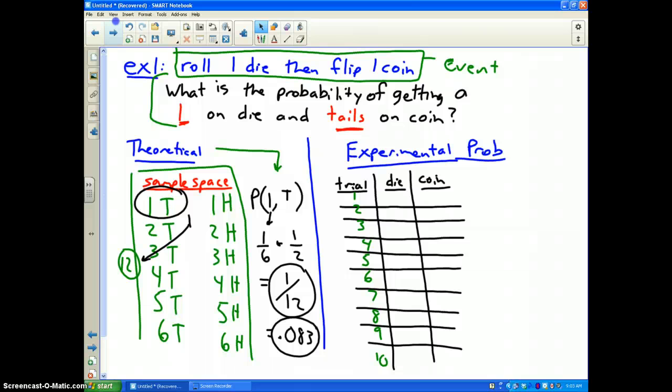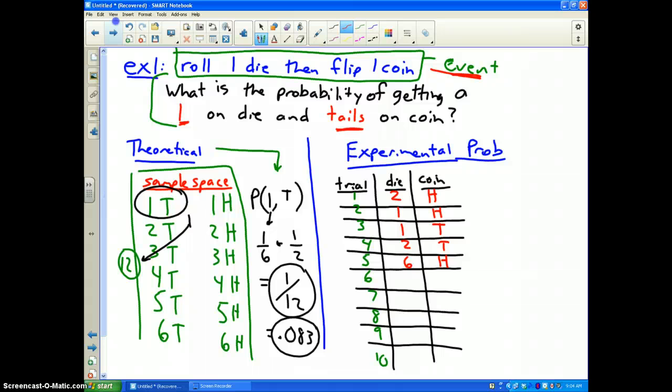Trial number 1, I got a 2 on the die and heads on the coin. Trial number 2, I got 1 on the die and heads on the coin. All right, trial number 3, I got 1 and tails. That's my desired event. That's what I want. Trial number 4, I got 2 on the die, tails on the coin. Trial number 5, I got 6 on the die, heads on the coin.